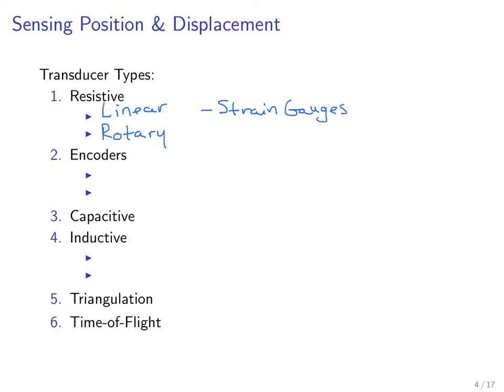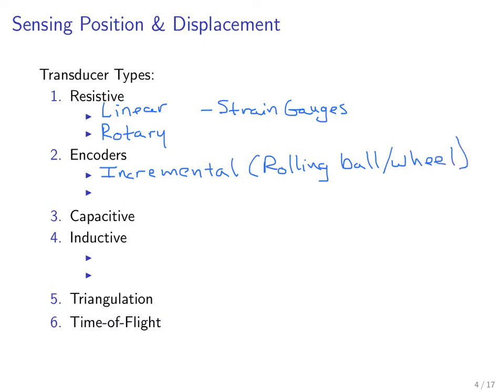We'll talk about encoders, incremental encoders that rely on a rolling ball or wheel, and we essentially have to sense what angle they tick through. And then we'll also look at absolute angular encoders, and those will be optical, based on optics.